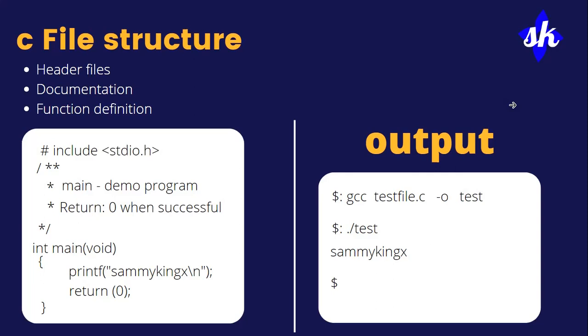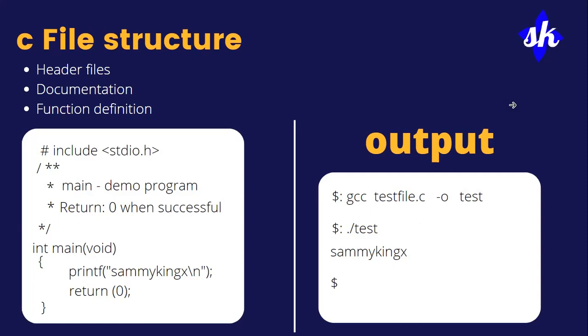For us here, it's everything in between our comments. The forward slash asterisk is a way of writing comments in multiple lines. For writing a single line comment, you basically use the double forward slash, and forward slash asterisk, asterisk forward slash for multi-line comments.